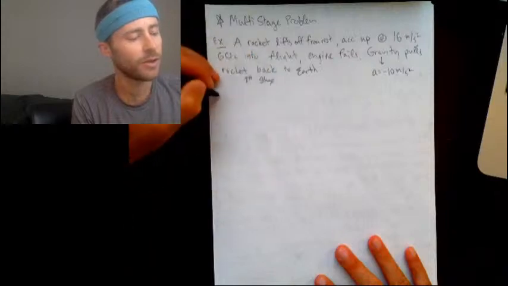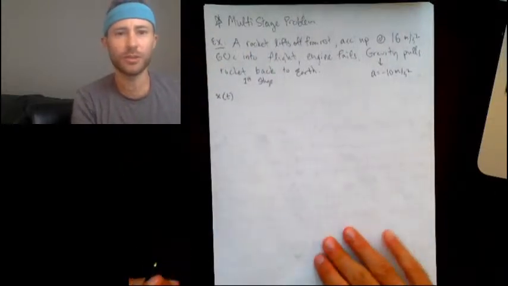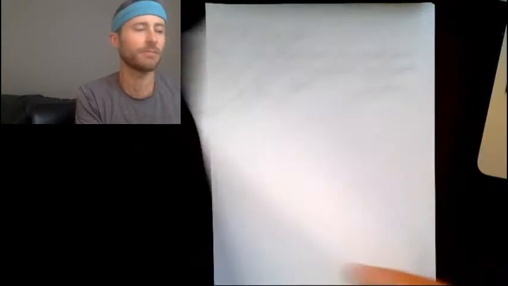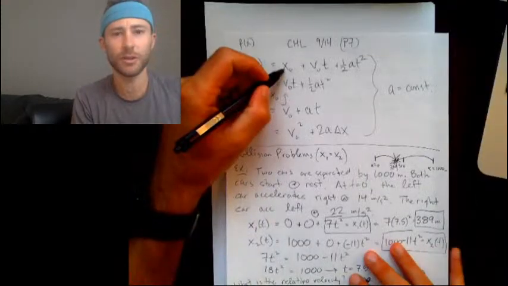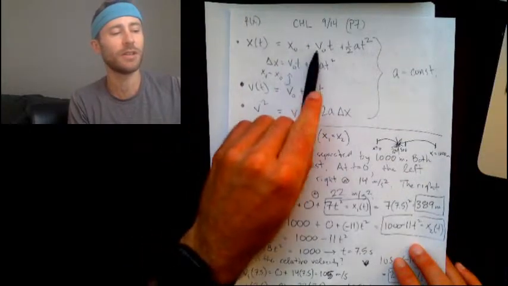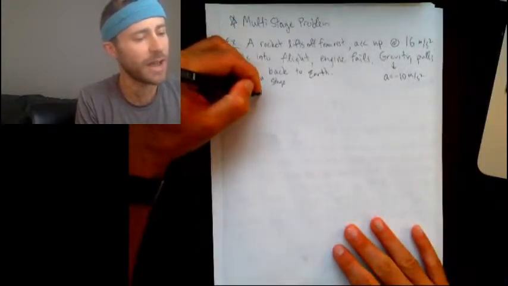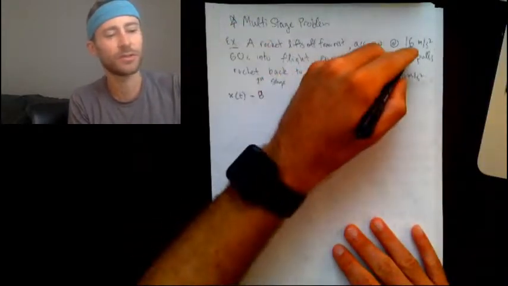Okay, so x of t, what is the initial position of the rocket? The initial position is 0, okay? And the initial velocity is 0. So all we're going to have for the x of t is the last term. So we have 1/2 a, which is 16.